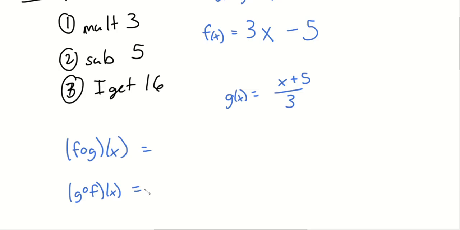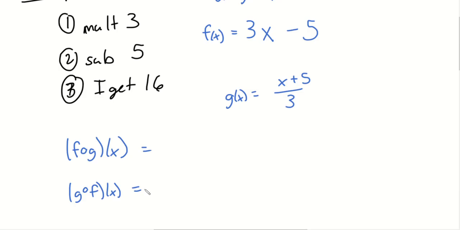Multiplying, that's dividing it, so they just cancel out. So it's x plus 5 minus 5 equals 0.